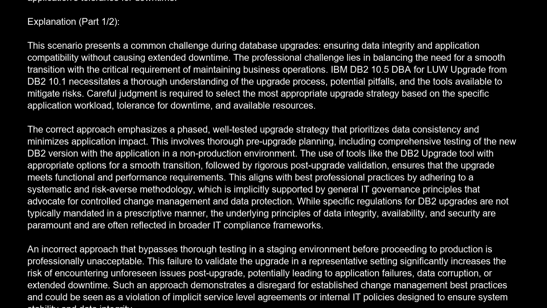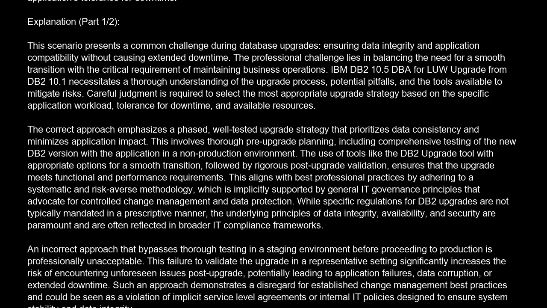This involves thorough pre-upgrade planning, including comprehensive testing of the new DB2 version with the application in a non-production environment. The use of tools like the DB2 Upgrade tool with appropriate options for smooth transition, followed by rigorous post-upgrade validation, ensures that the upgrade meets functional and performance requirements.